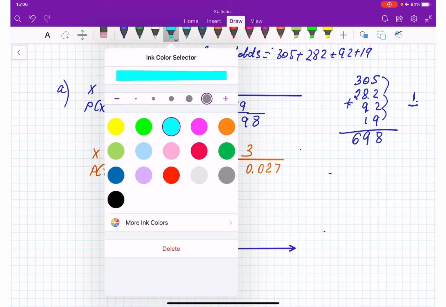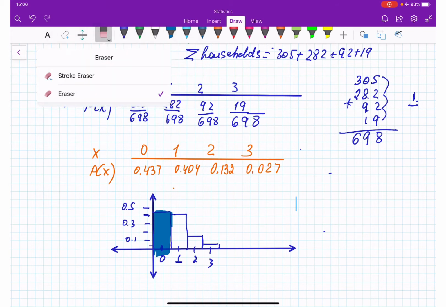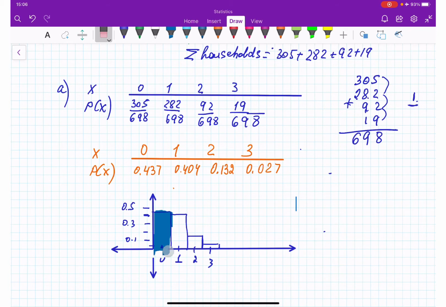So take this, I will shade this. It comes out very ugly. Okay, next I'm going to shade this.